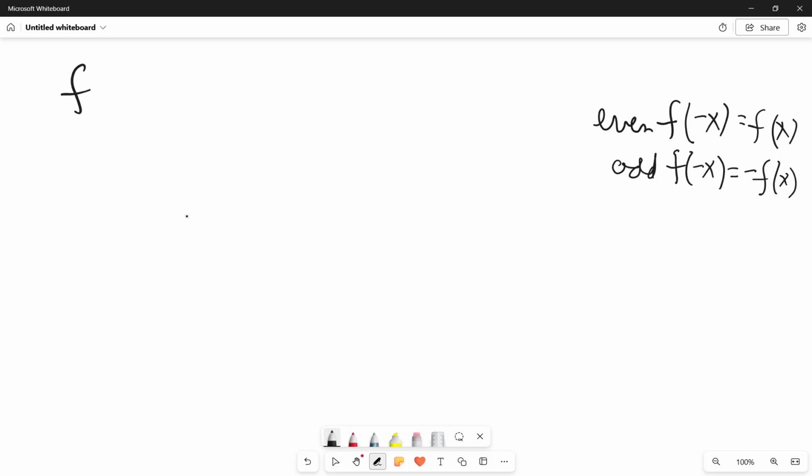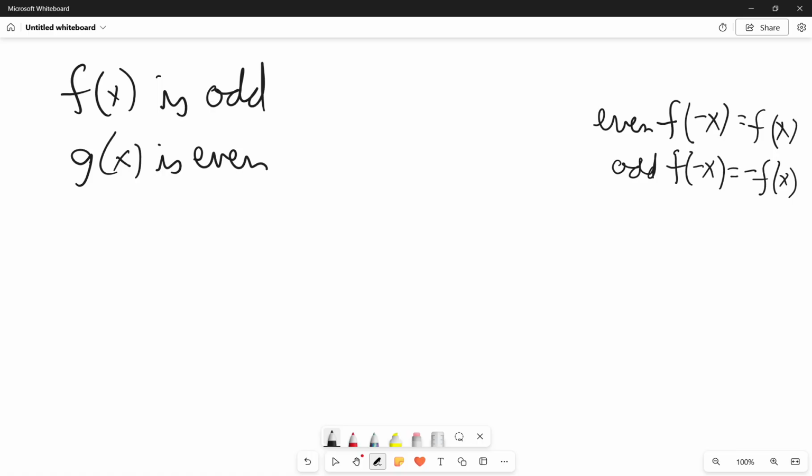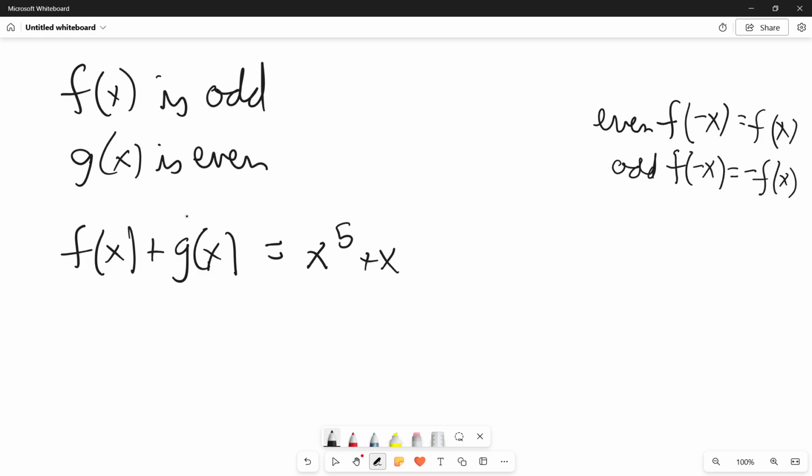Let's say that f of x is odd and g of x is even. And let's have the sum equal to x to the power of 5 plus x to the power of 4 plus 1 over x.